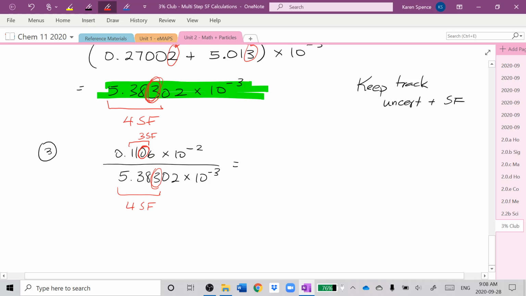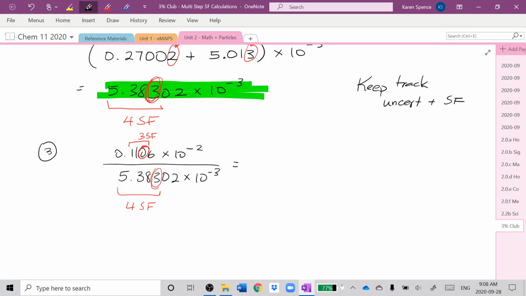So when you're multiplying and dividing with powers of 10, you can just throw it in your calculator. You don't have to do the coefficients separately. You do the coefficients separately when you're adding and subtracting.